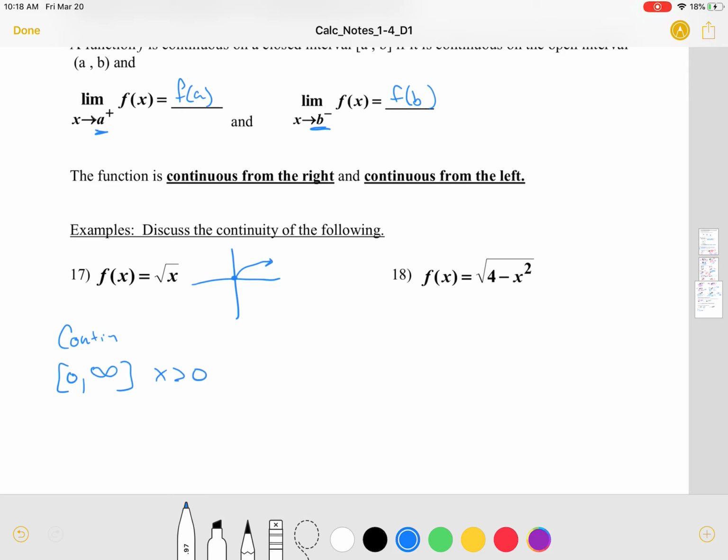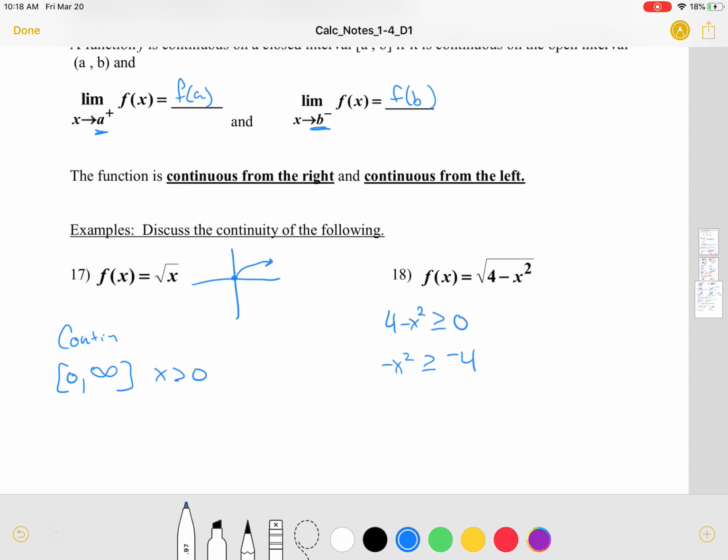For 18, we have to do a little bit more work to get this graph. This one might not just pop out to you right away. So I like to set this up as 4 minus x squared is less than or equal to 0. If we start moving that 4 over, you're left with x squared less than or equal to negative 4.